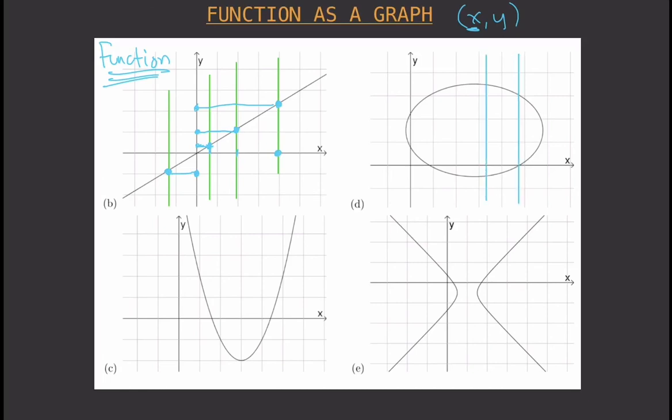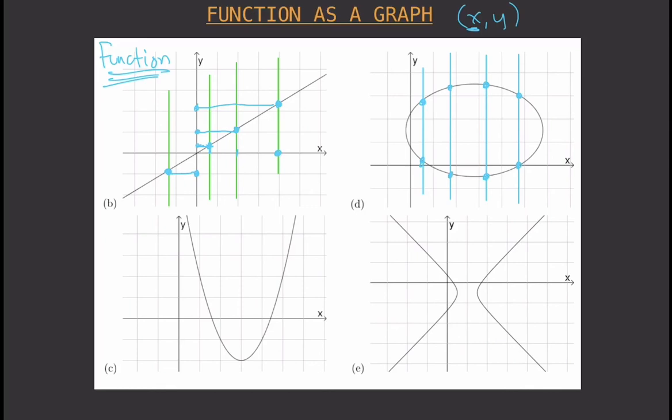Okay? Tignan natin. And you can see that sa isang vertical line, we can actually see two intersections. Okay? So, yan. Sa isang vertical line, meron tayong dalawang intersection. Which means na for one value of x, sa isang value ng x, meron kang dalawang value ng y. Okay?